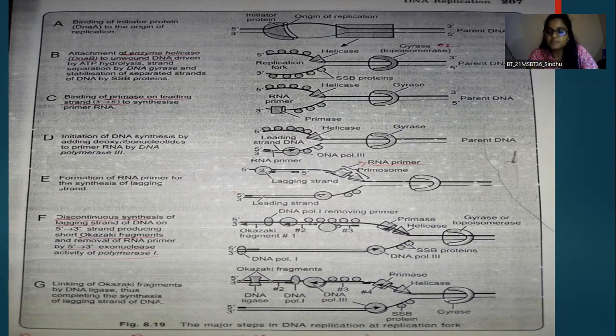Two copies of the enzyme helicase now bind to the origin site to unwind the DNA. Each helicase unwinds and separates the DNA helix into two single-stranded DNA. As the DNA opens up, there is a Y-shaped structure called the replication fork. Because two helicases bind, replication forks are formed at the origin of replication.